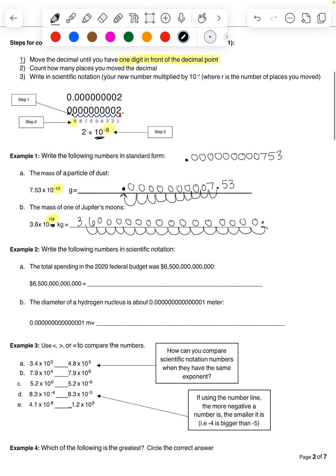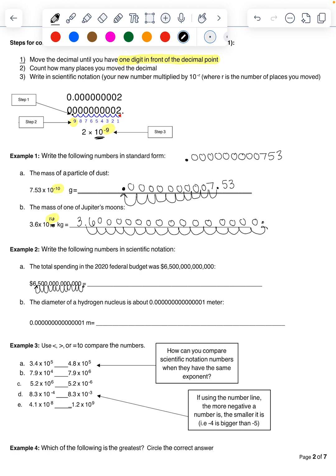Now let's go ahead and write the numbers in scientific notation. The total spent on the 2020 federal budget was this huge number. So if I want to have the number between 1 and 10, I'm going to take my decimal and move it 1, 2, 3, 4, 5, 6, 7, 8, 9, 10, 11, 12.